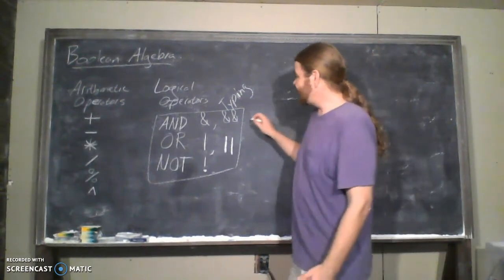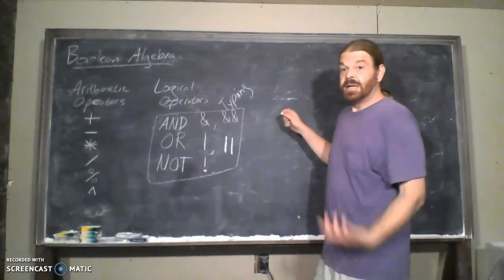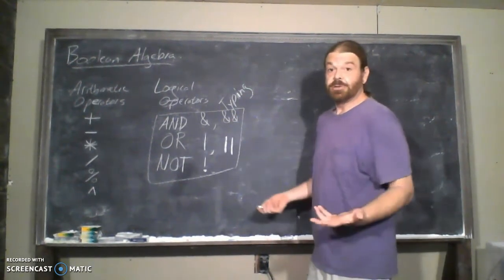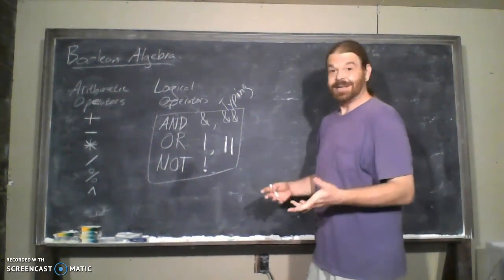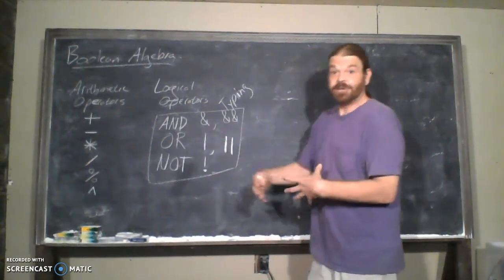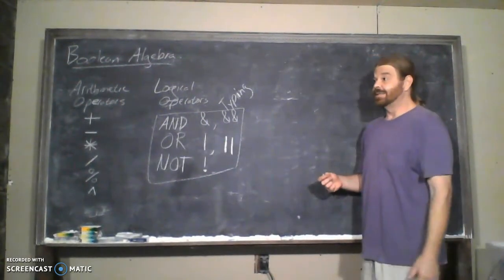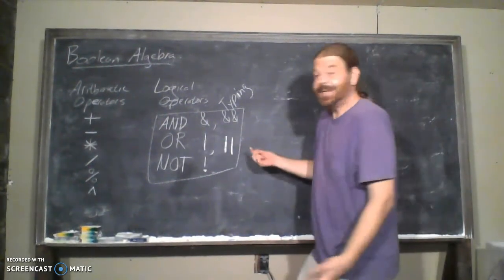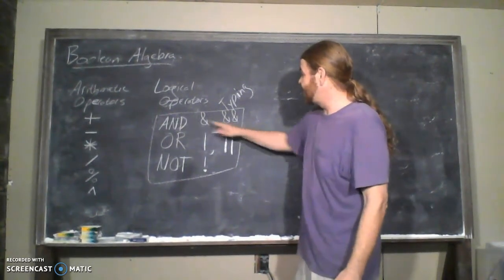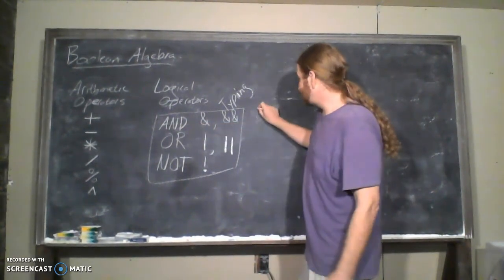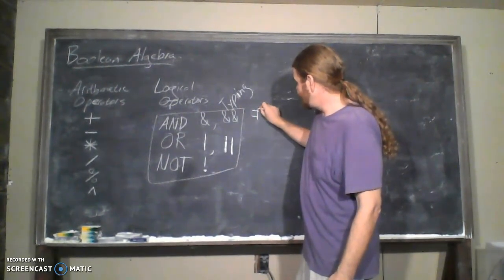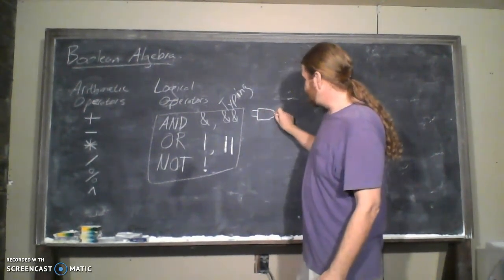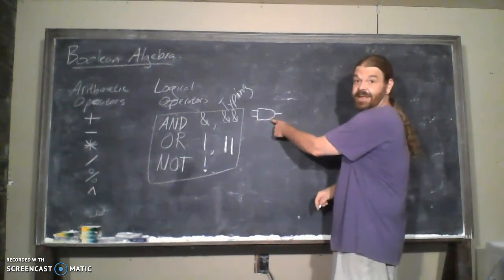But we have some other symbols which I'm familiar with from electrical schematics that we would use for and in an electrical schematic. So I saw it in electrical engineering classes, but it's included here. So we'll go ahead and write these symbols. So our symbol for and kind of looks like this. On a schematic, you'll see this little half egg thing.